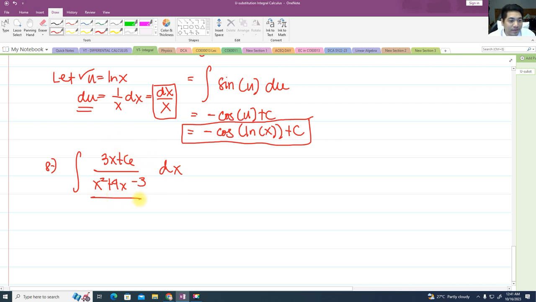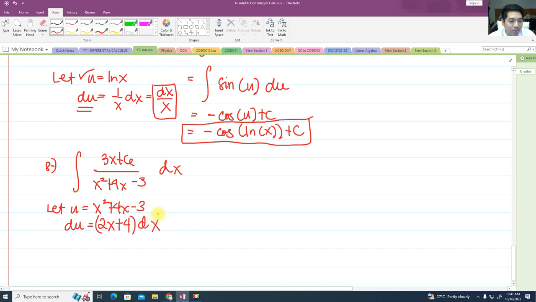If we get the derivative of the denominator, we'll be having 2x, right? So let us let u be x squared plus 4x minus 3. Get the derivative of that u, power rule of differentiation. So you have 2x plus 4 dx.